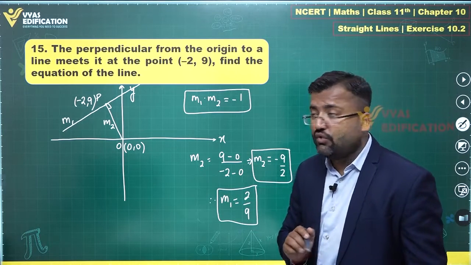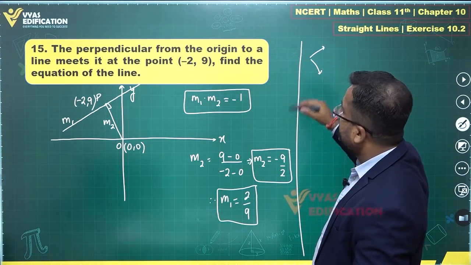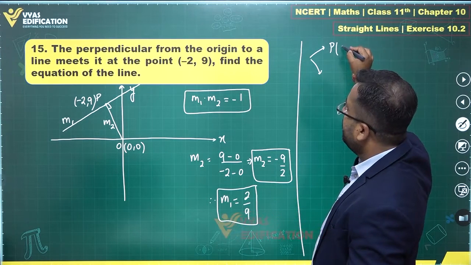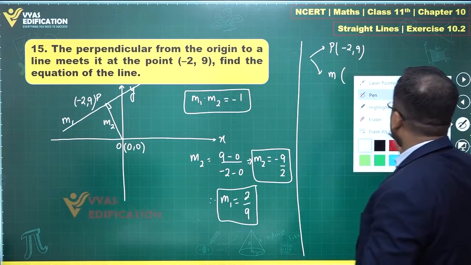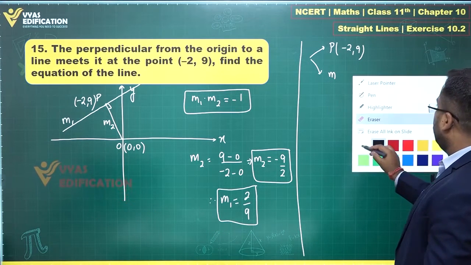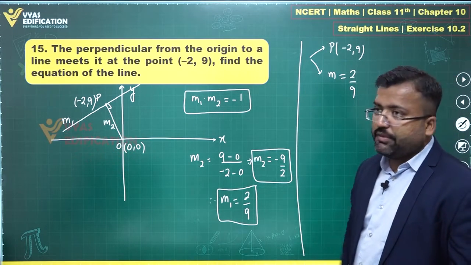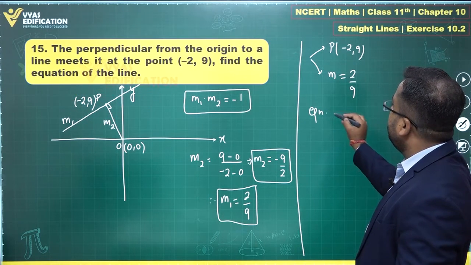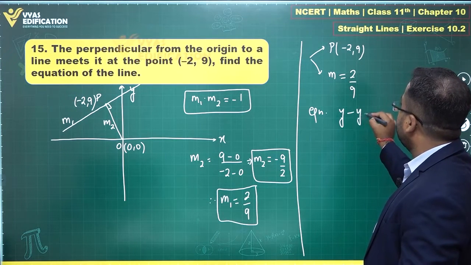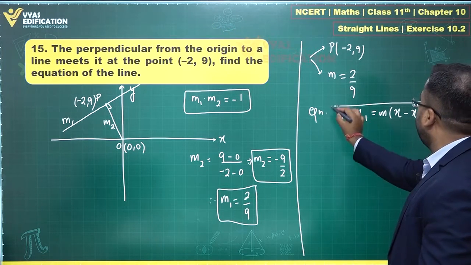Slope m1 is known, point is known. You have the point P minus 2 comma 9 and you have the slope m equals 2 by 9 for that line which is perpendicular, right? So for that line, the equation can be written in terms of point slope form. y minus y1 is equal to m times x minus x1. This is your point slope form.